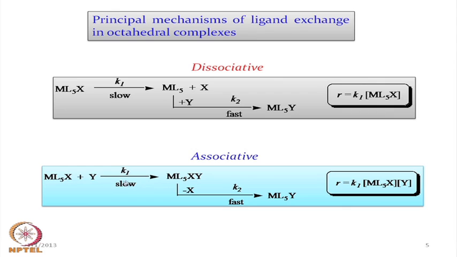Similarly, since this is the slowest step, the rate of the reaction is dependent on the associative pathway, which is dependent on the rate constant K1.